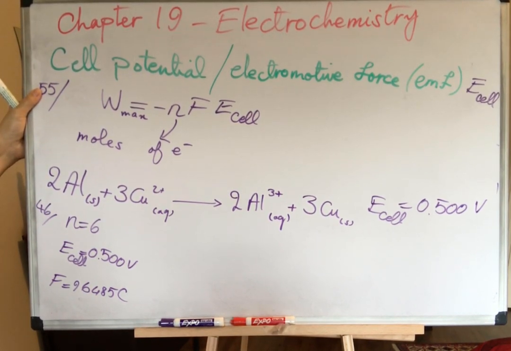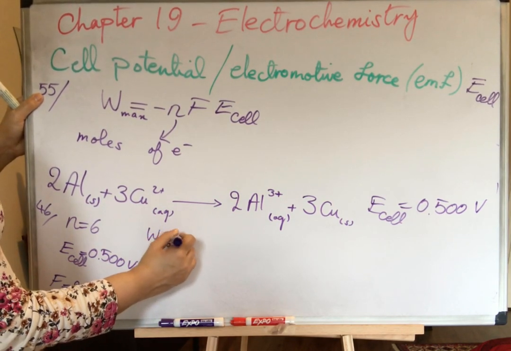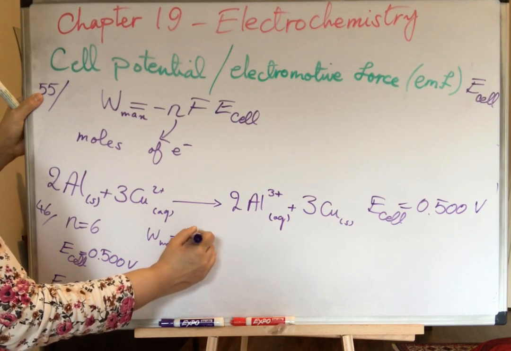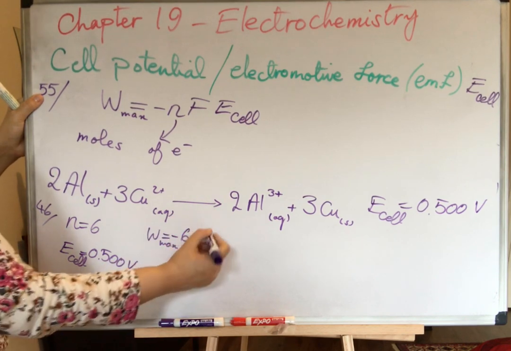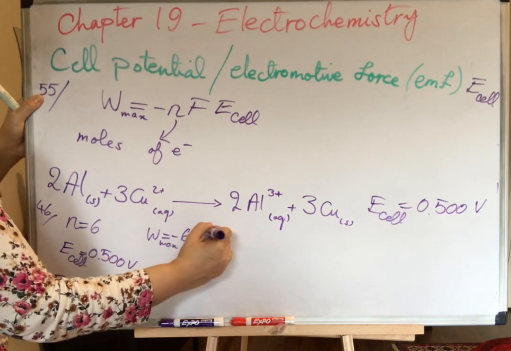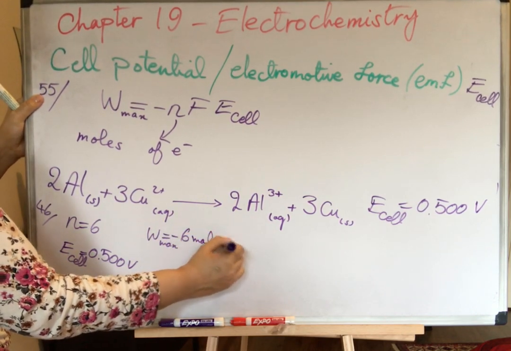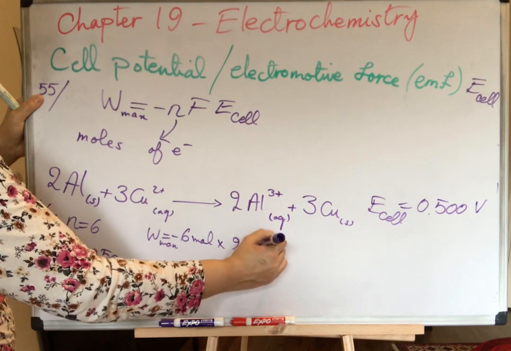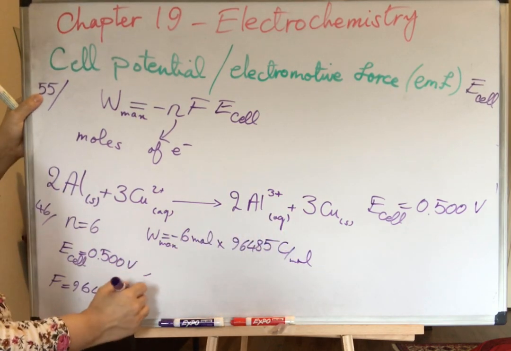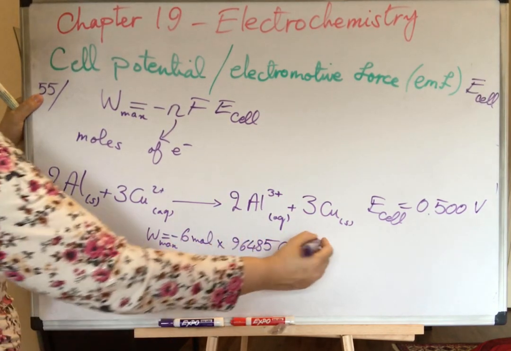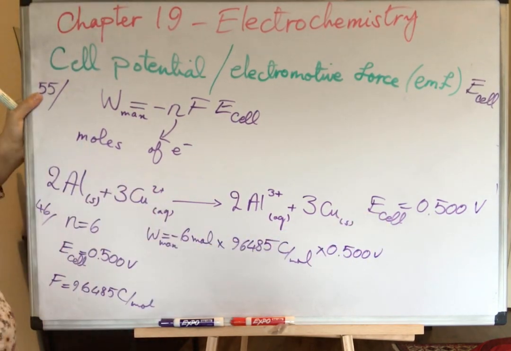Now let's find out W max for 6 moles of electrons. It's minus nFE. 6 moles times 96,485 coulombs per mole, and E cell is 0.500 volts.